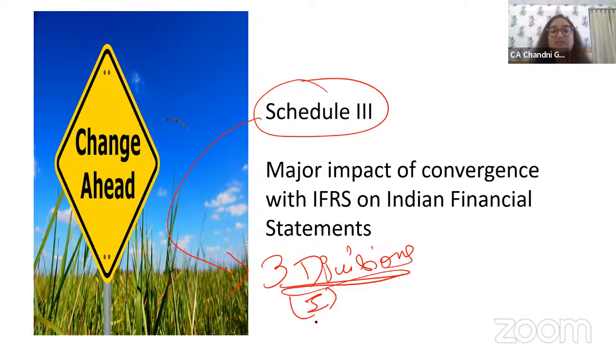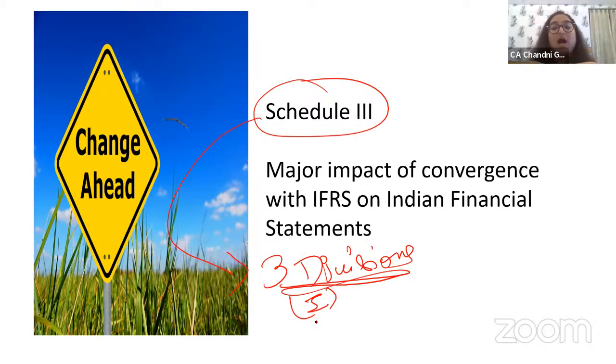Sir has also explained the roadmap: all listed companies and unlisted companies having net worth of 250 crores or more are applying Ind AS mandatorily. Their parents, subsidiaries, joint ventures and associates also apply Ind AS mandatorily, and some companies apply it voluntarily. So one set of companies is applying Ind AS, the other set is applying AS.